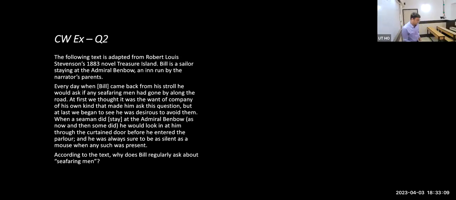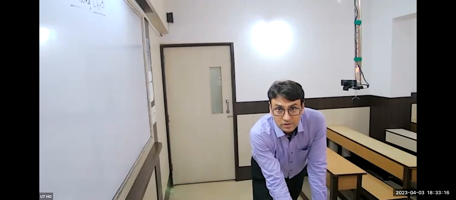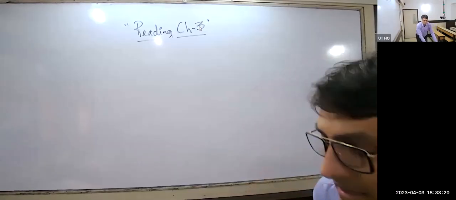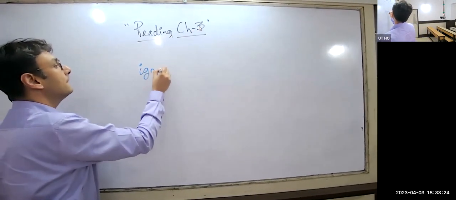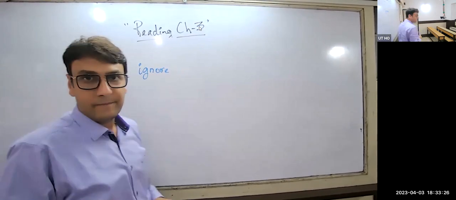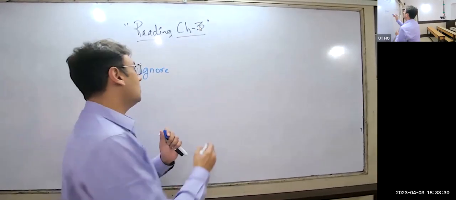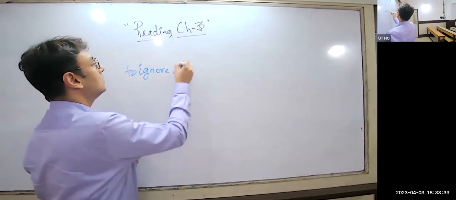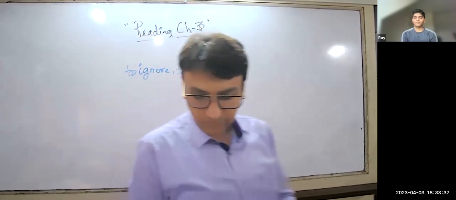So I got one keyword of what you said: to ignore. And what else did you say? They wanted to avoid him. To ignore, to avoid. Okay.